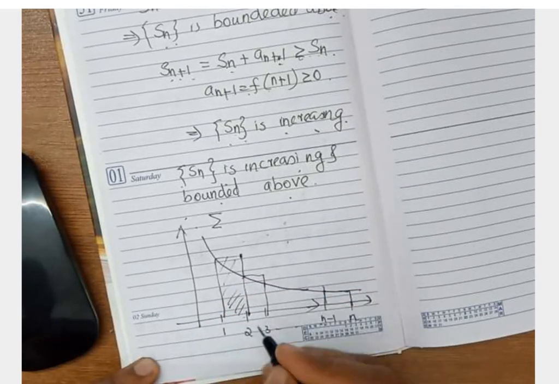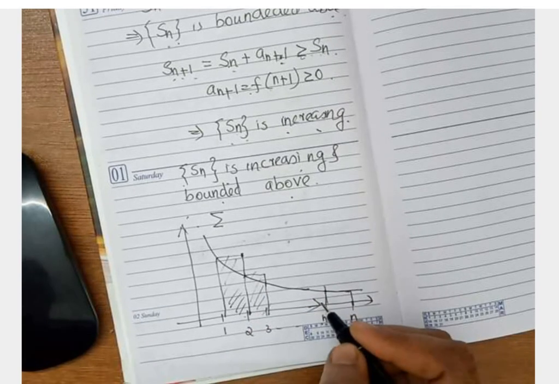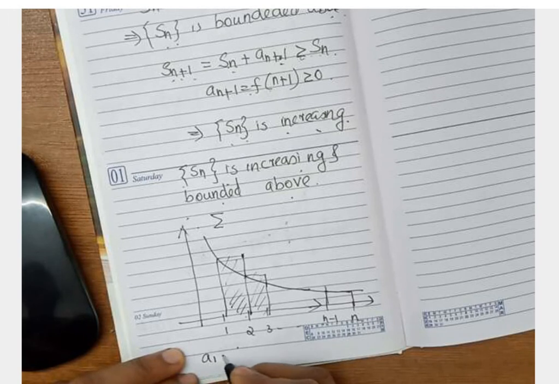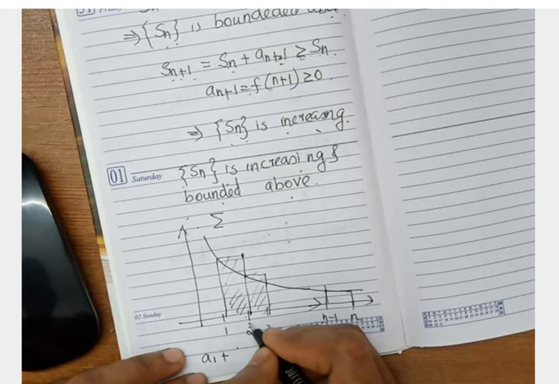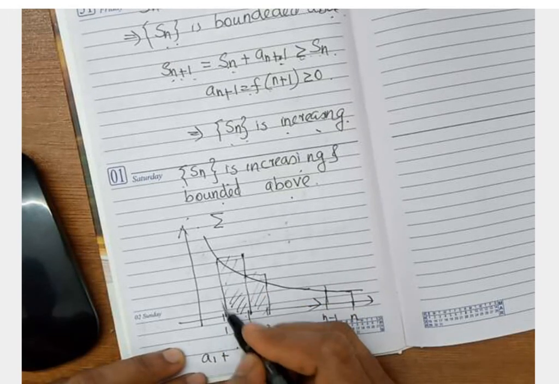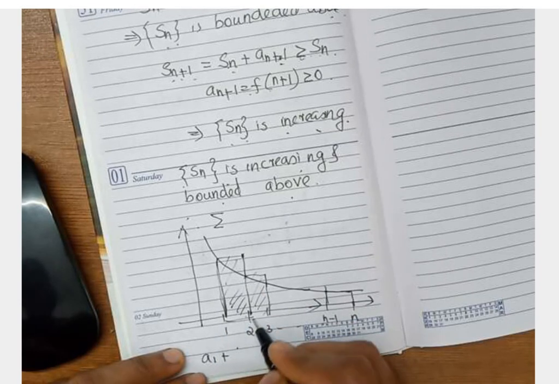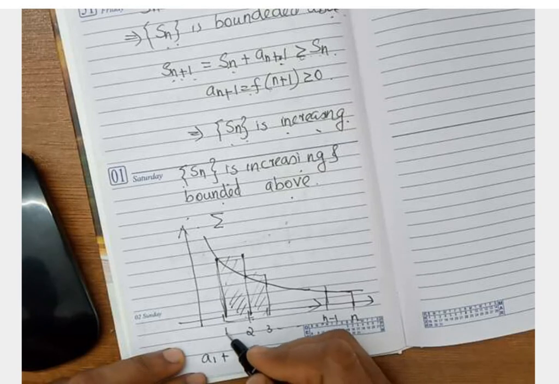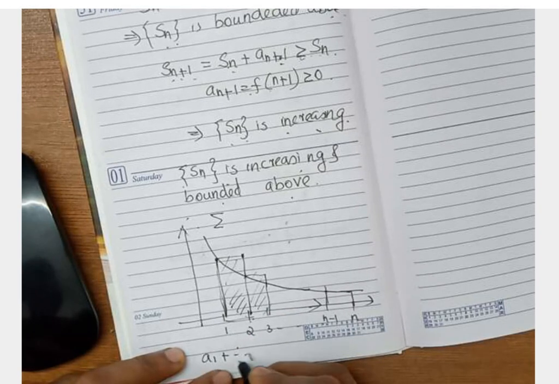When we add these rectangle areas, the sum is A1 plus etc. plus An minus 1, where each width is 1 unit and the length is A1.